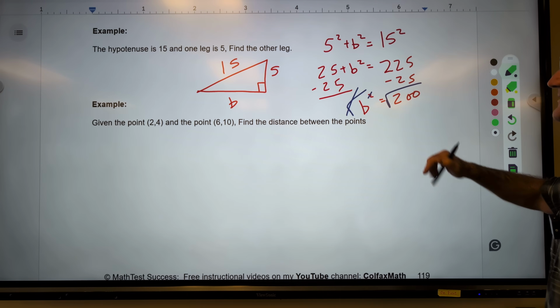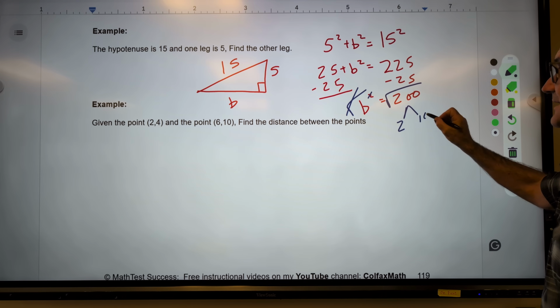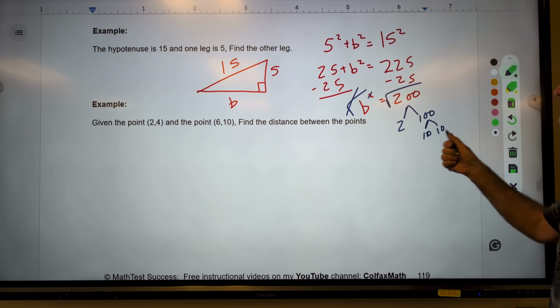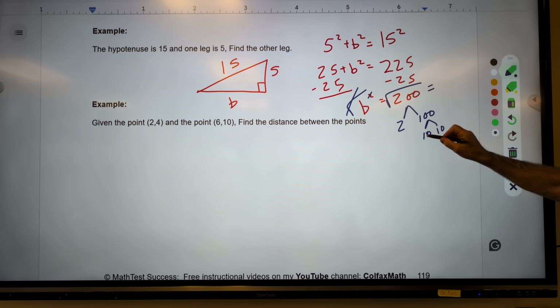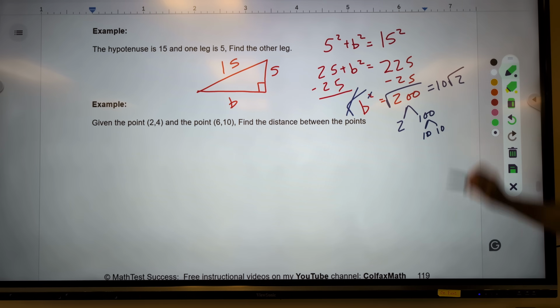So to simplify this square root, I'm looking at the factors here. It's made up of a 2 and a 100. 100 is made up of a 10 and a 10. I could keep going, but as soon as I have a pair, I'm done. So the square root of 200 is the same thing as 10 root 2.